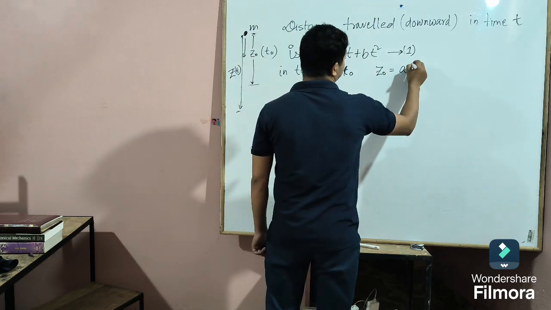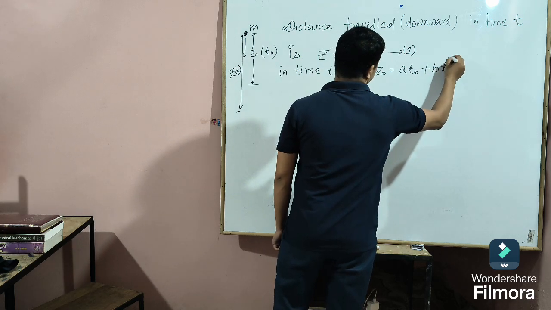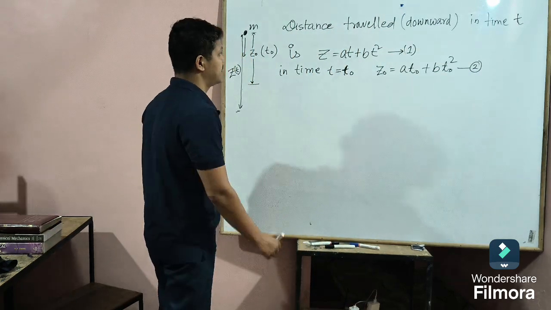Now t should be replaced by t naught and t square should be replaced by t naught square. This is, suppose, equation number 2, right?